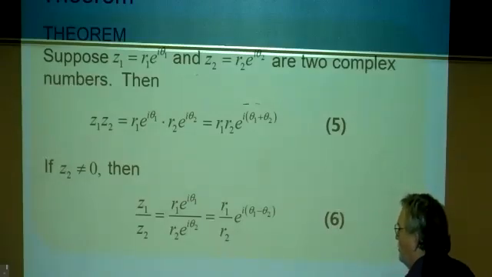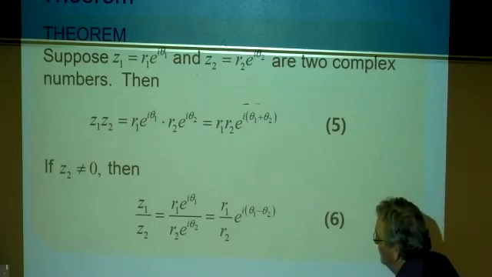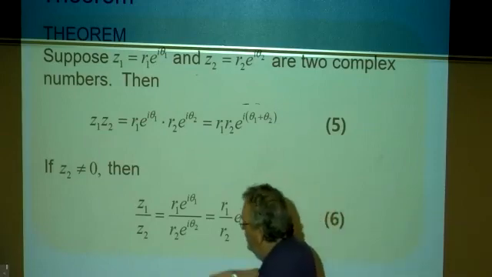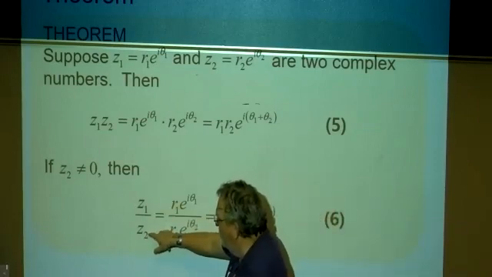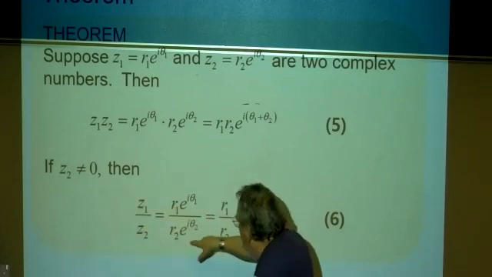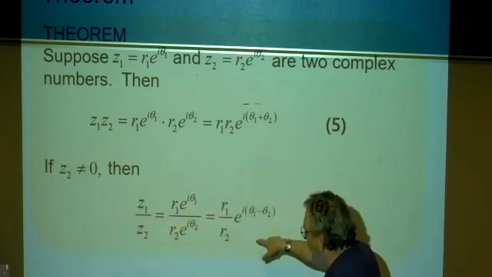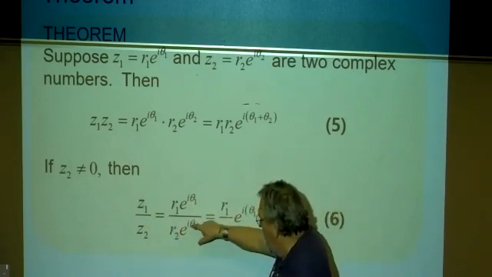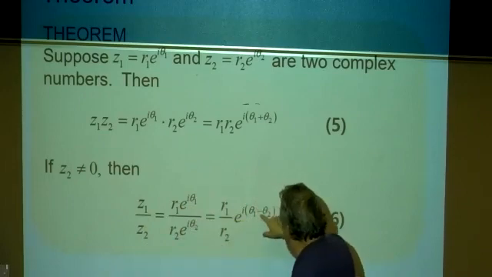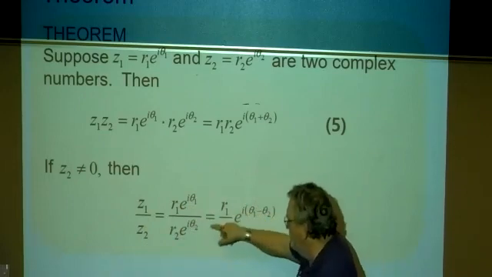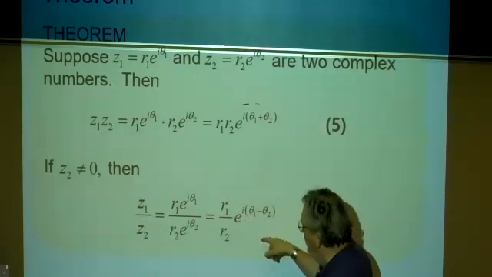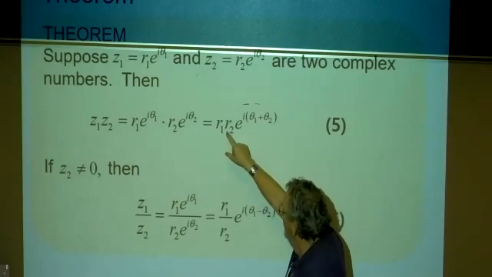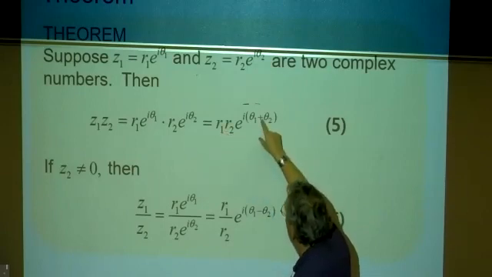Well, oh, dividing. Okay. And if you're dividing two complex numbers, provided the one you're dividing by is not 0, you do the division, but the exponents you're going to subtract. And again, you factor the I out. So if you're multiplying two, you're multiplying the r's together, and you're adding the angles.